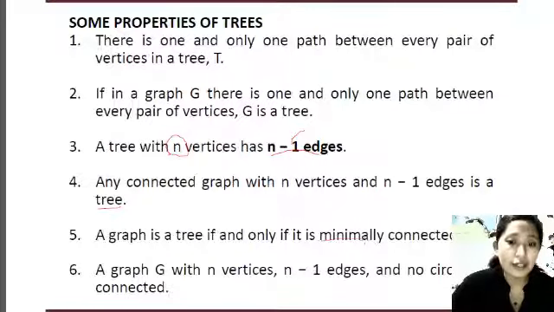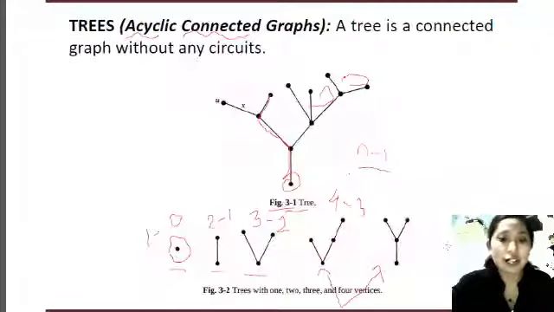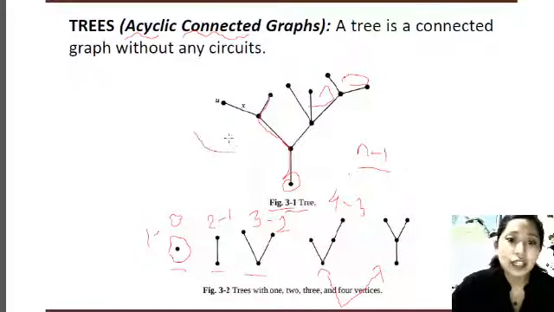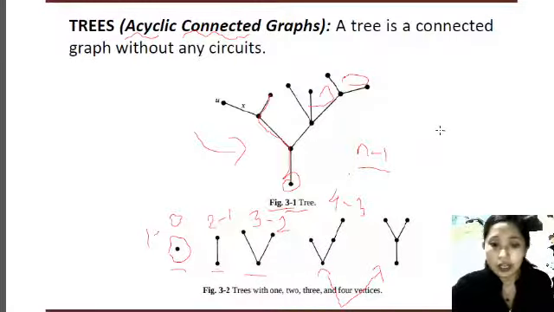So that is the definition of minimally connected. That is nothing but, in this tree, if you remove any of the edges, then this tree will become disconnected. So this is a connected graph with the minimum possible number of edges.